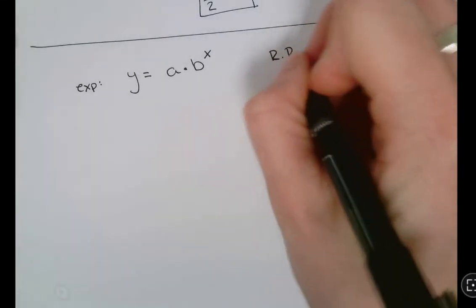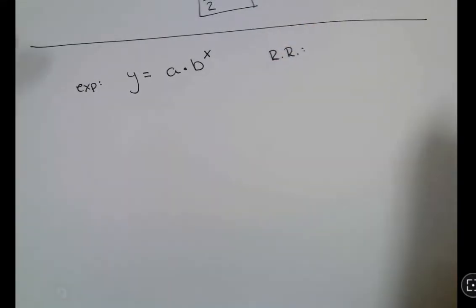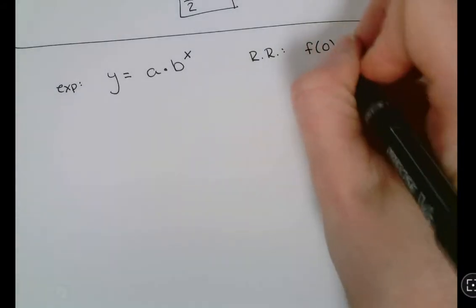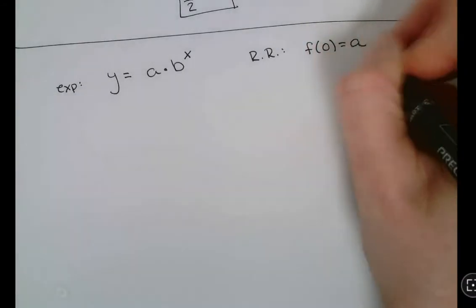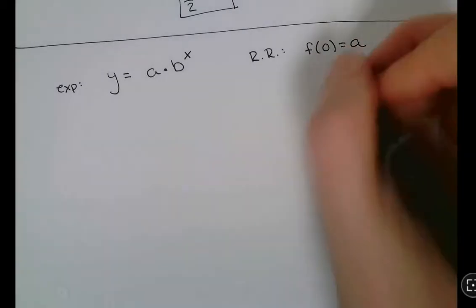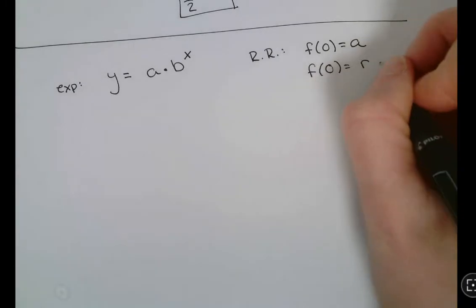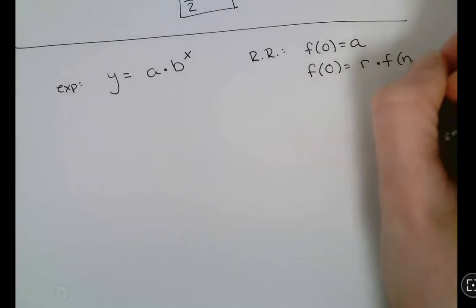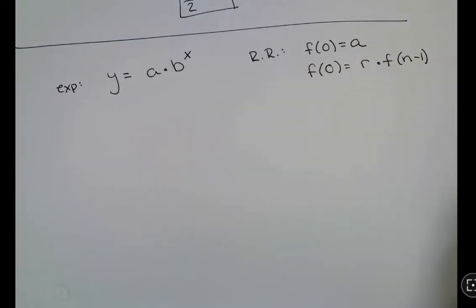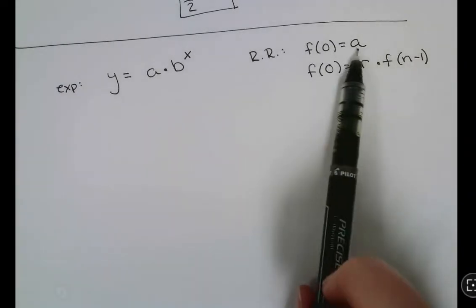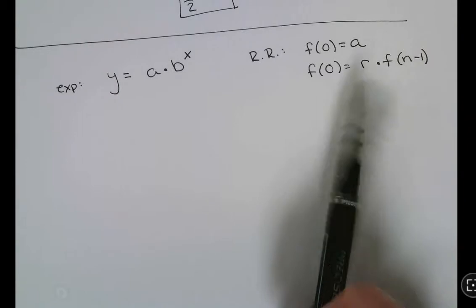I'm just going to write RR for recursive rule. It has two parts to it: my initial value, and then my rule. Whatever our rate is times our previous value. That's why you always need to know where you started, because if I multiply that by my rate, it can tell me what my next one is.